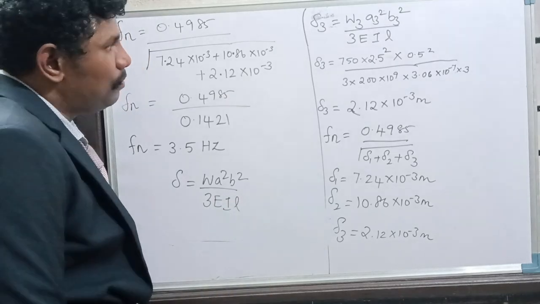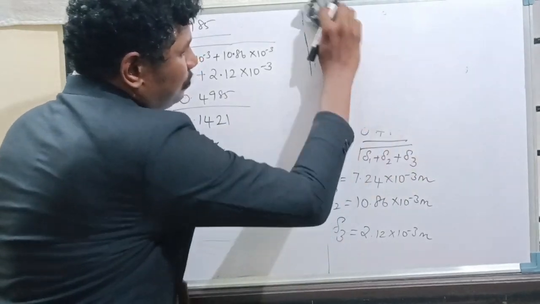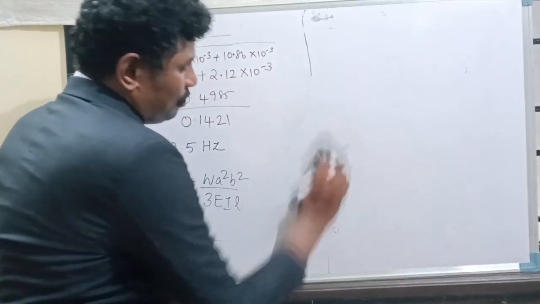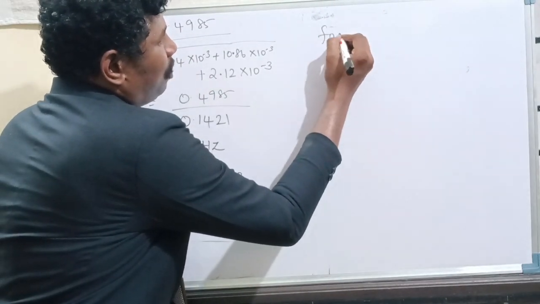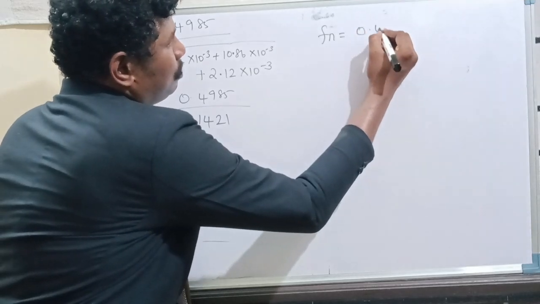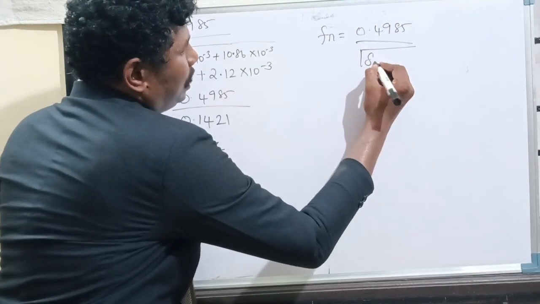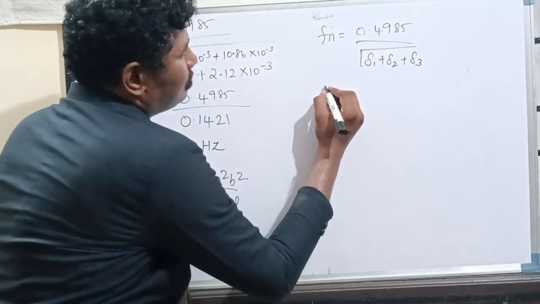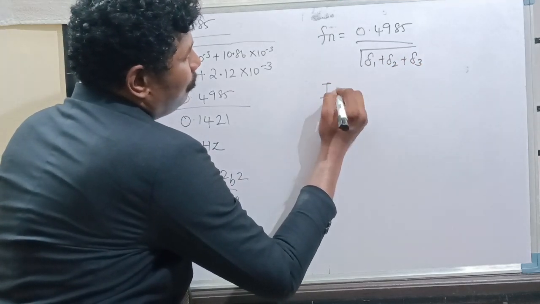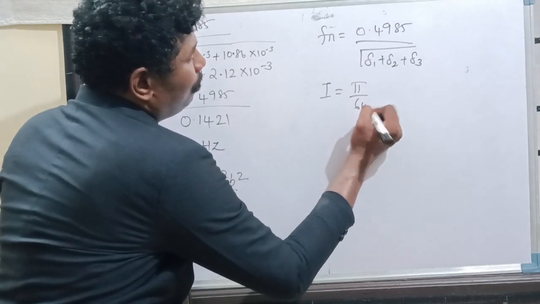Next, the frequency formula, which is equal to 0.4985 divided by root of delta 1 plus delta 2 plus delta 3. And the last formula is to calculate I, which is equal to pi by 64 d power 4.